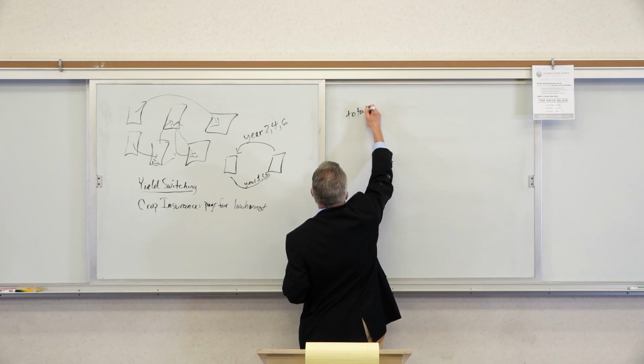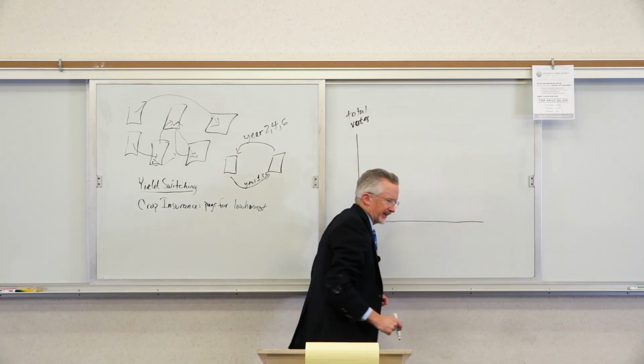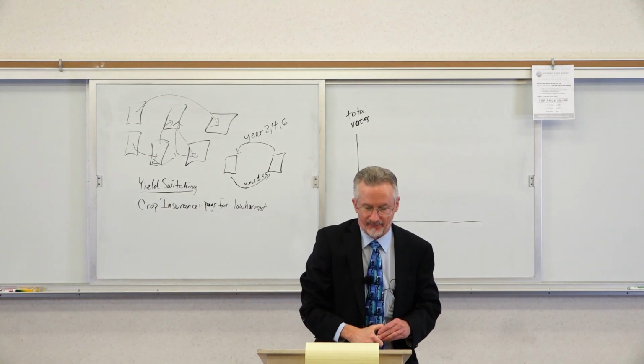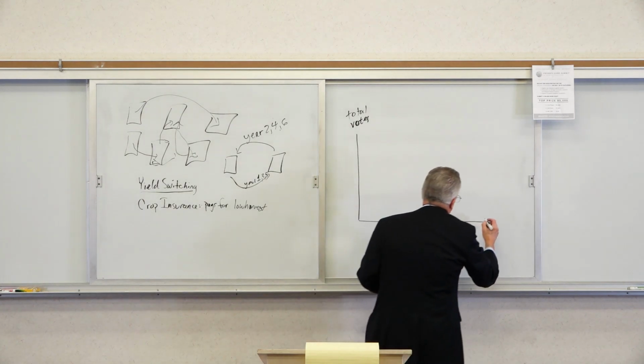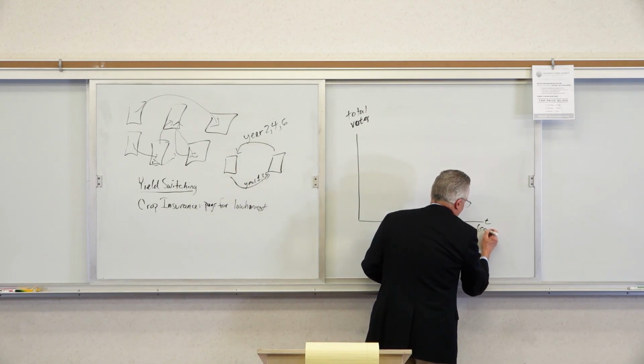Here's the total number of votes in a state, let's say. Total votes, and on that axis, I don't know, time, because we're counting over time. That's where we're counting the votes.